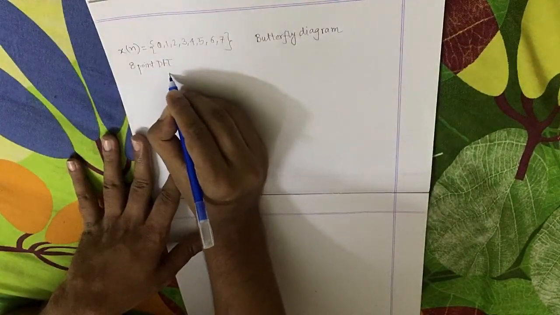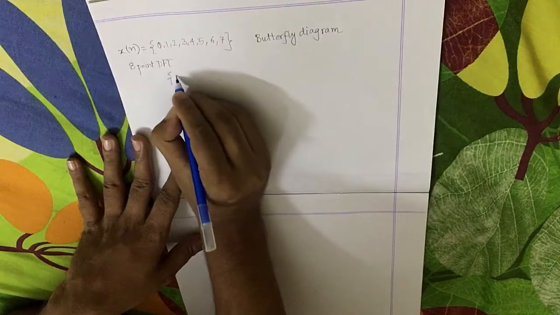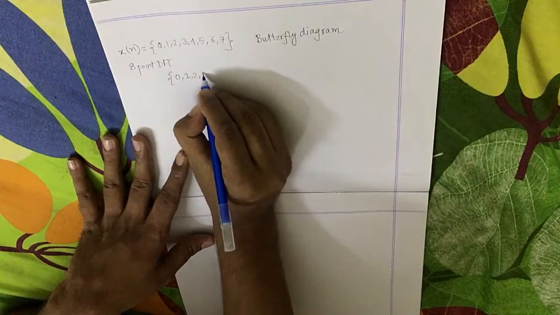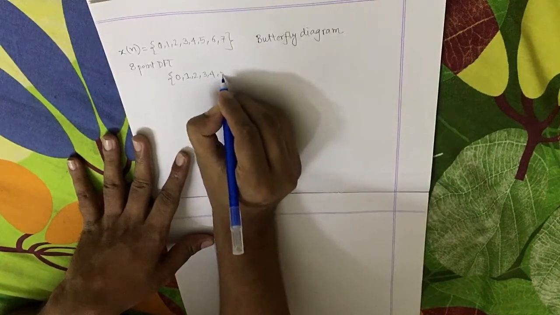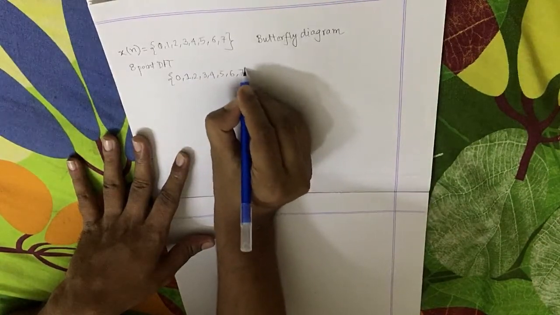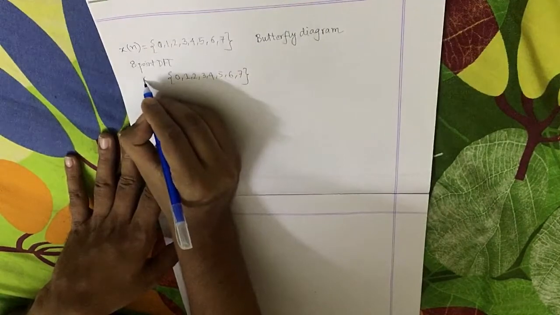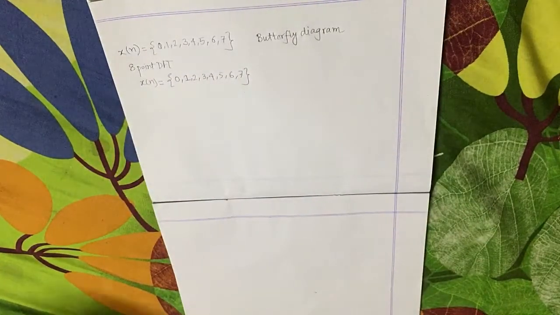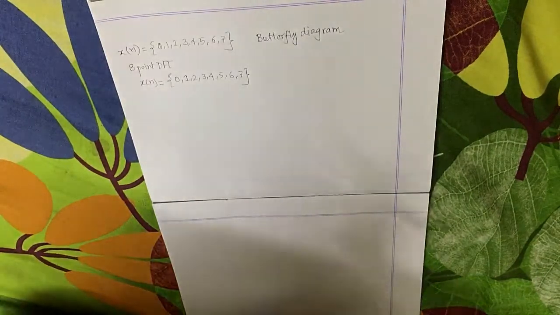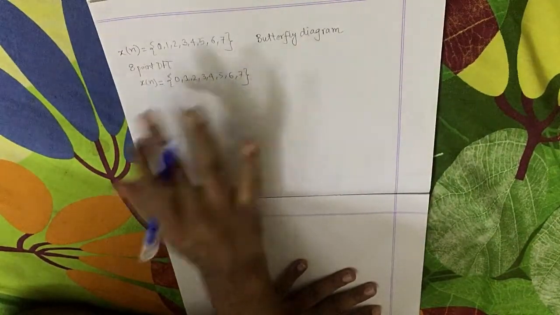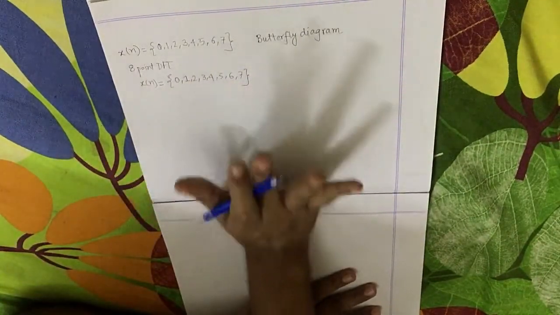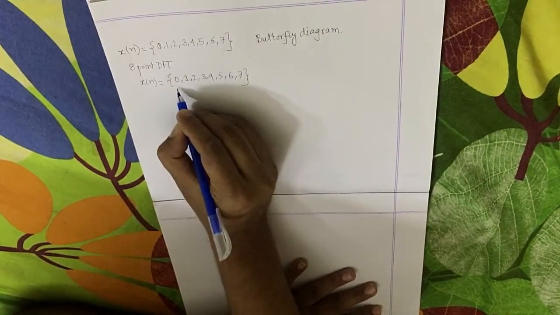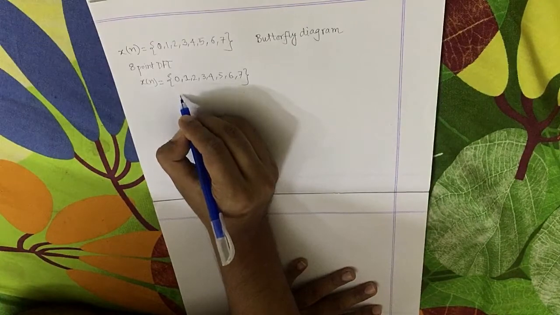So as you can see, let's write down this thing once again: 0, 1, 2, 3, 4, 5, 6 and 7. This is given as x of n, fine. So if we try to figure out the indexes of this one, as there is no arrow mark given in this one, we can assume that the arrow mark is given somewhere here.